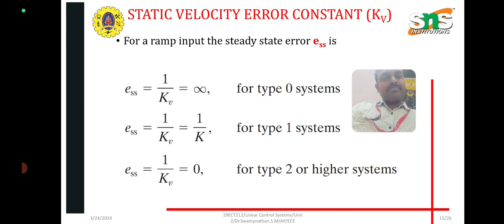So for the ramp input the steady state error ESS equals 1 by Kv, that is infinite for a type 0 system. For a type 1 system, 1 by Kv, the velocity error constant, equals 1 by K. And for a type 2 system, 1 by Kv is equal to 0.